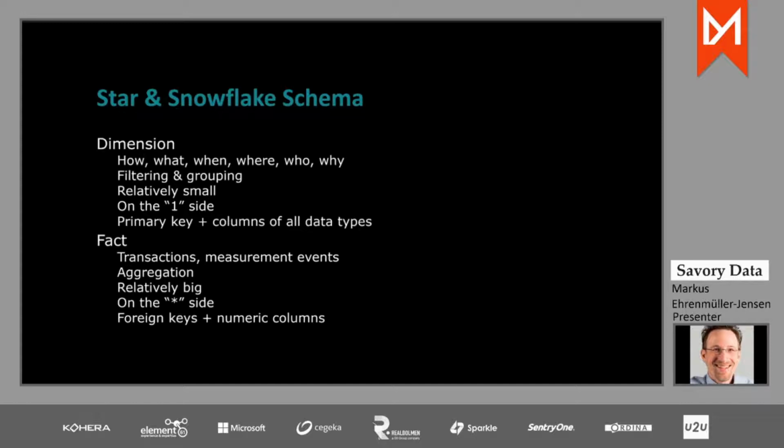So I filter a year or a product in the dimension, and this filter is then applied to potentially many rows in my fact table, because potentially I have several transactions per year, per product, per employee, per customer, per region. And the fact table usually only has numeric columns. So one type of columns are the key columns. So the foreign keys, the identifiers referring back to the dimension.